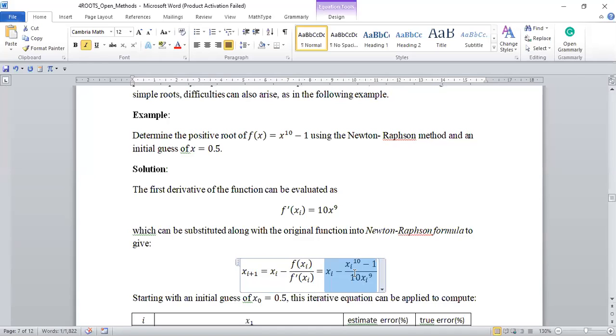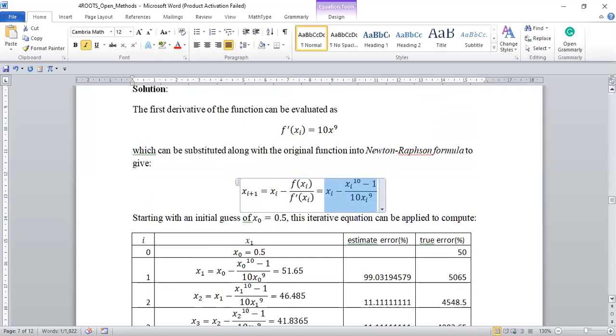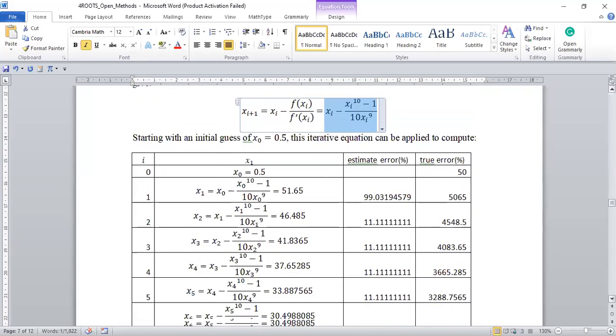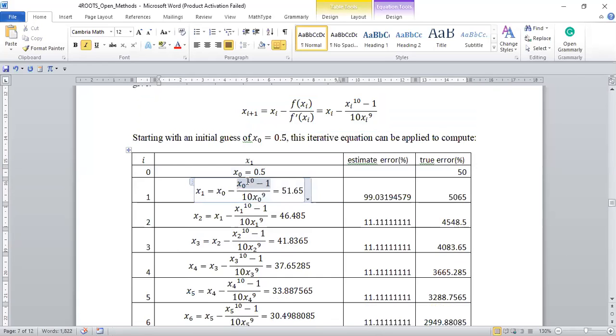So you're going to use this equation now to find the next estimate of the root. This is the initial guess. You're just given one value. At the first iteration, the equation becomes this. Then you have x naught here, here, and here. You know x naught, which is 0.5.